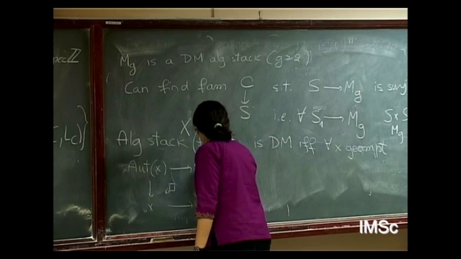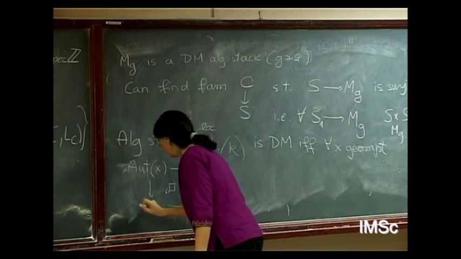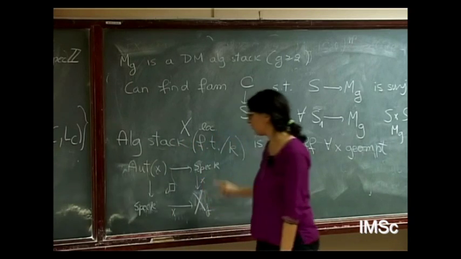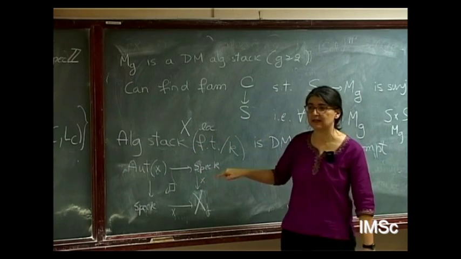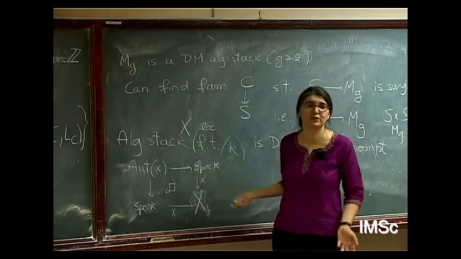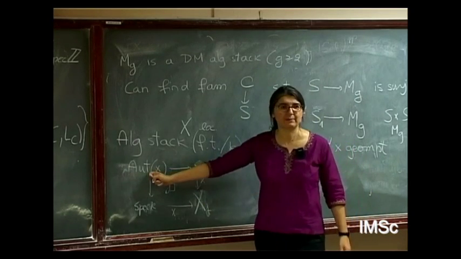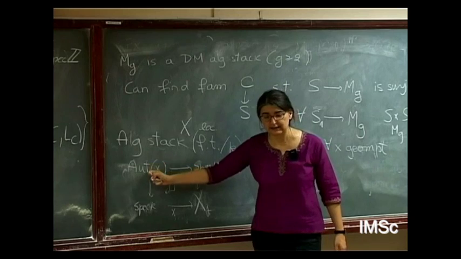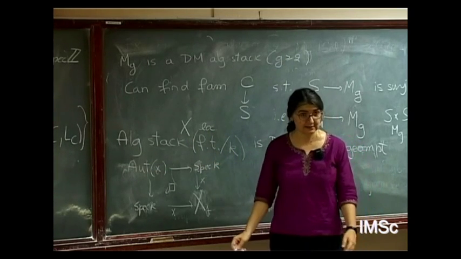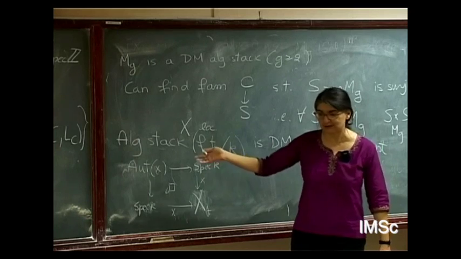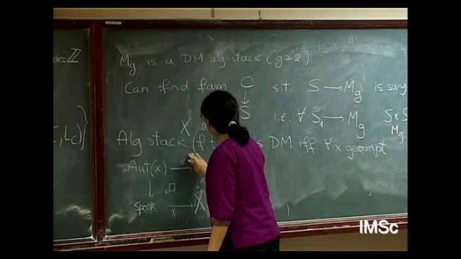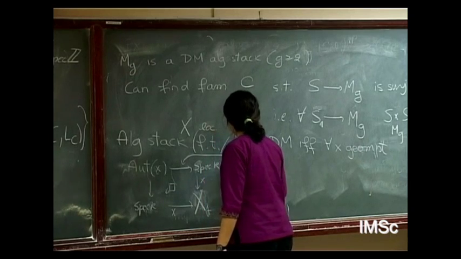Actually, let me be precise: this is Spec K, this is Spec K, and this is X. Remember, the fiber product means that you take the two objects and you have to give an isomorphism. Here there's only one object, so the fiber product is this, and this is automatically, in general, an algebraic space, although in this case it actually is a scheme. And what you want is that this is étale.